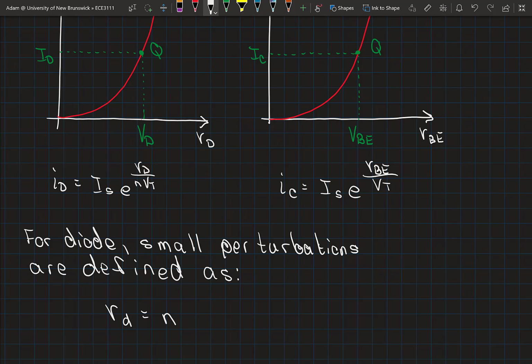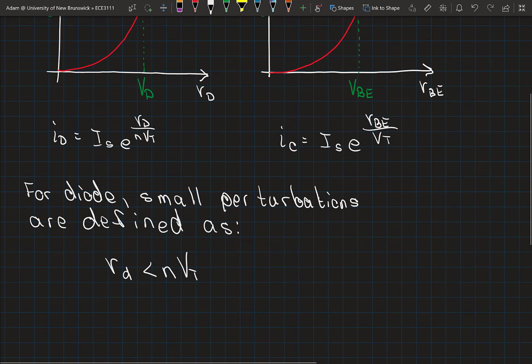Okay, so as long as our diode voltages were less than this, we could treat those as small signals, and we can assume linear operation.